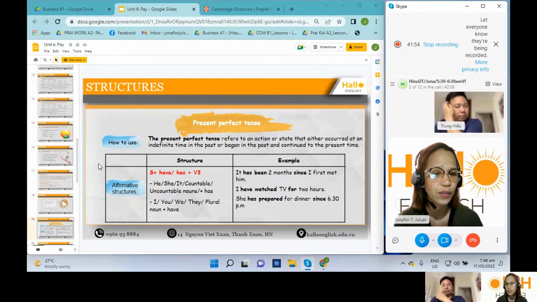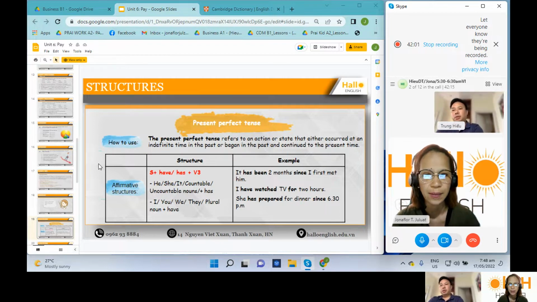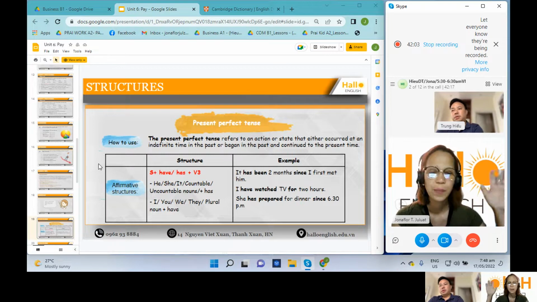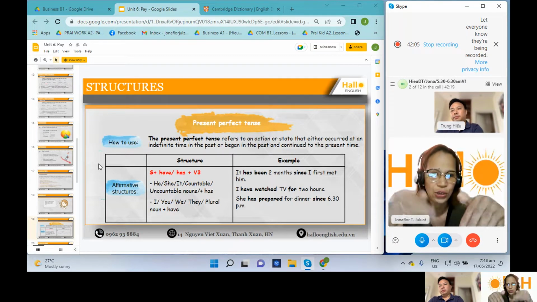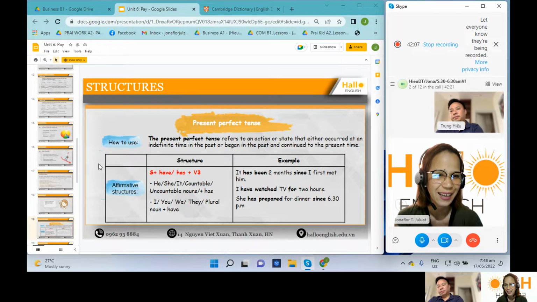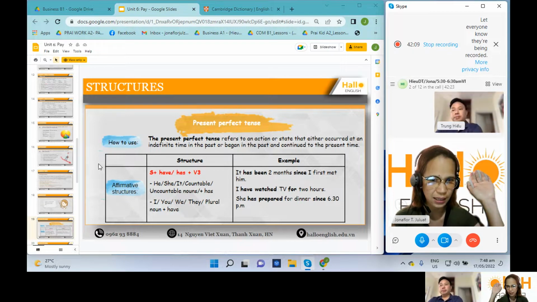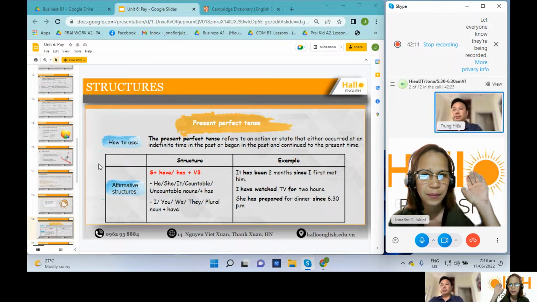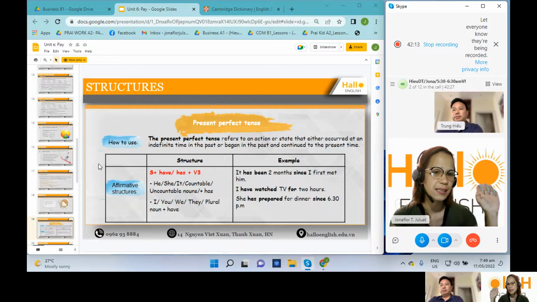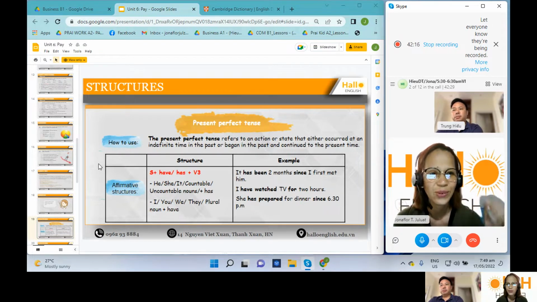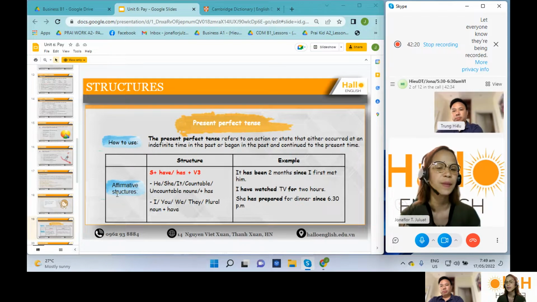So the present perfect tense refers to an action or state that either occurred at an indefinite time in the past or began in the past and continued to the present. A situation that began from the past and has continued until now, right?